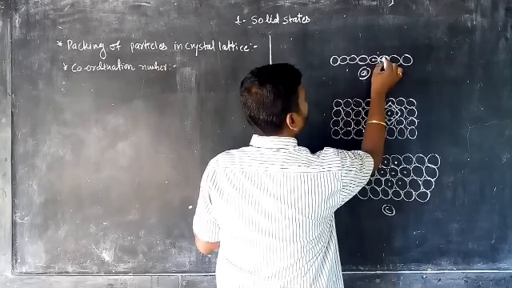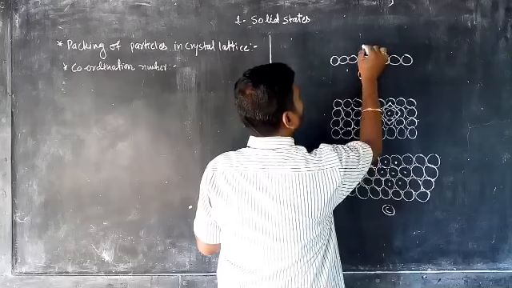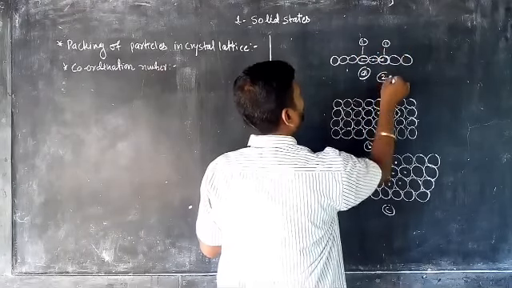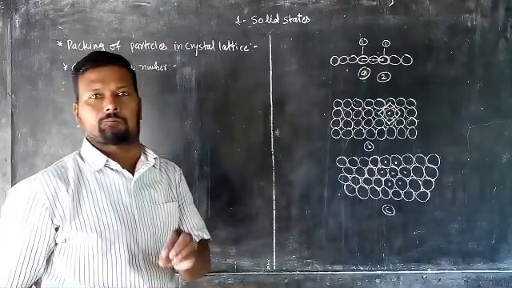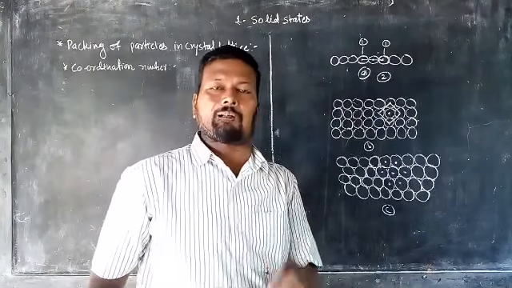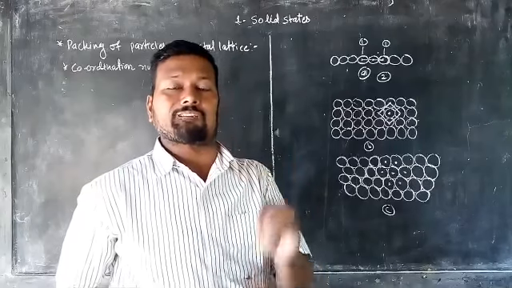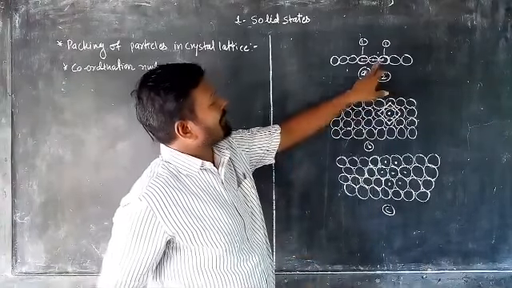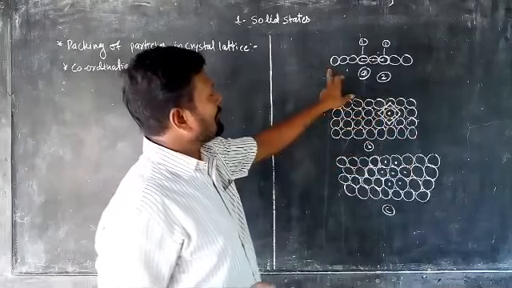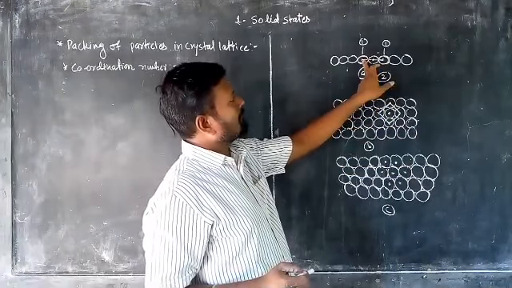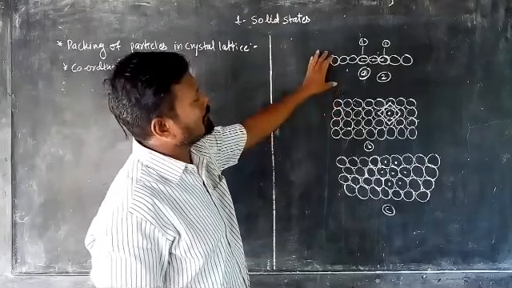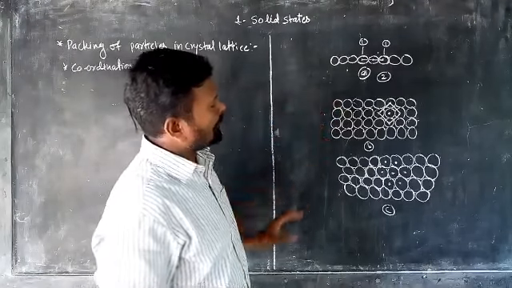So here the coordination number is 2. The number of neighbors attached to the given lattice point is known as its coordination number. So in a linear arrangement, 2 points are attached, hence the coordination number is 2.